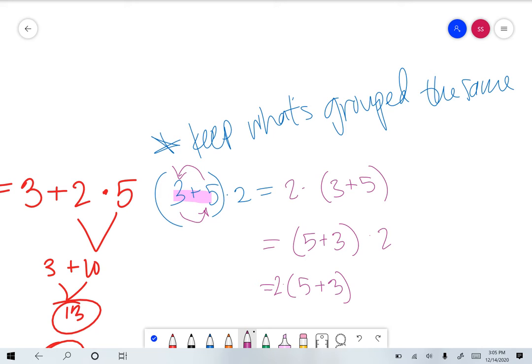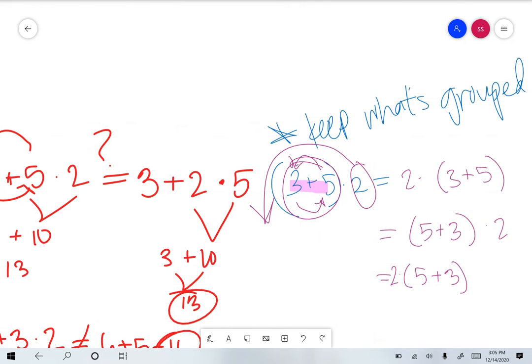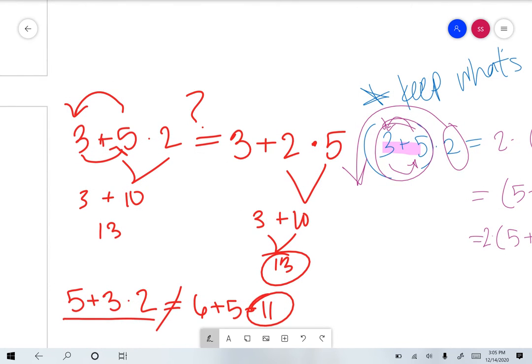Okay, those will all work. But again, you have to have those groupings the same. Everything else you could change the order of. So you can change the order of whatever's inside parentheses, or you could change the order of what's outside. So put whatever's being multiplied after before. But you have to have those groupings the same. And you have to have those parentheses. Otherwise, you get stuff that's not actually equivalent.